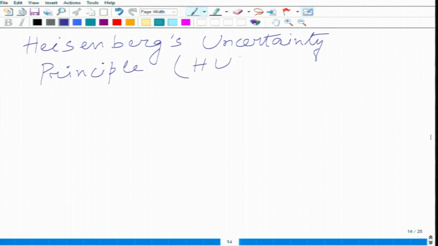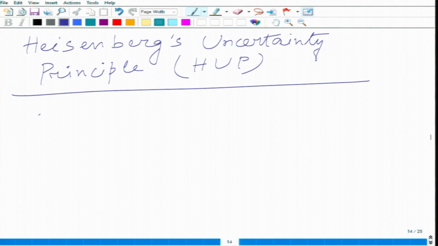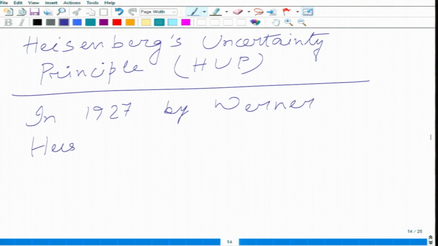This is called HUP. This was discovered in 1927 by Werner Heisenberg. Werner Heisenberg, he was a German physicist.